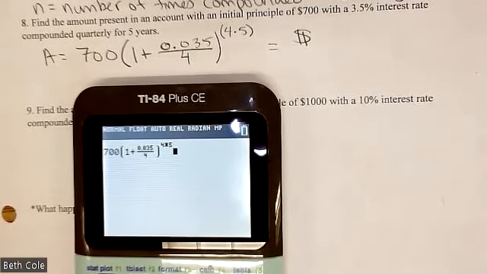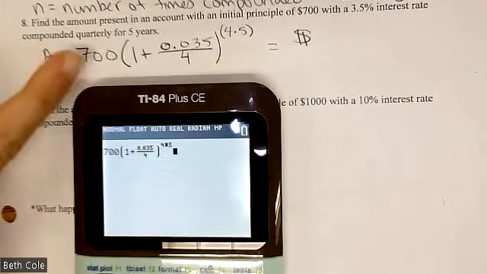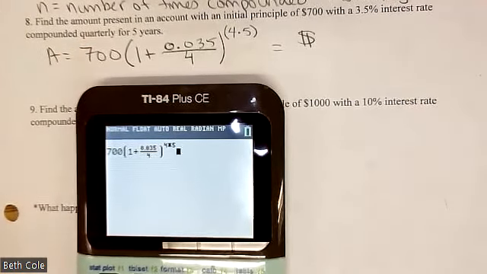You do want to do that because it's the top left. 700, parenthesis, 1 plus, you're going to type it the exact way it looks on your paper. And then alpha y equals enter will give you the fraction bar.